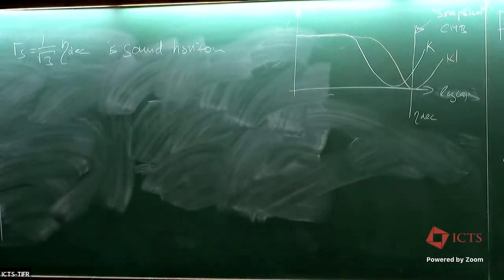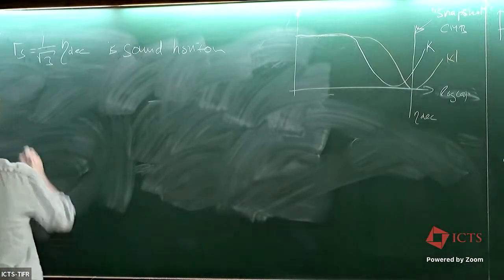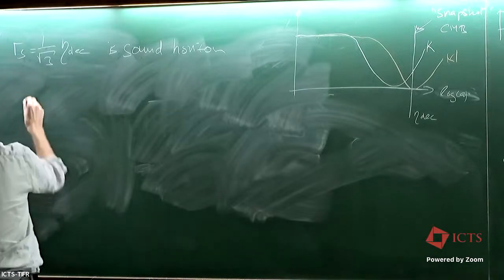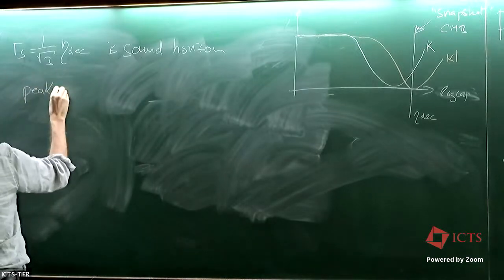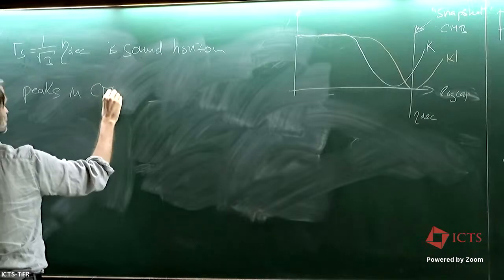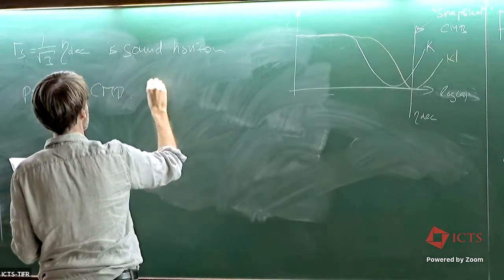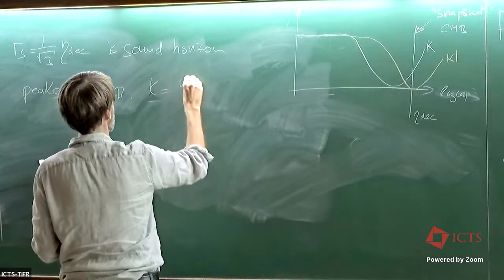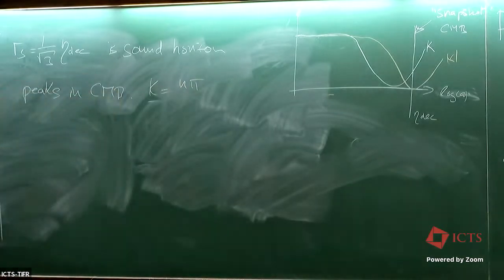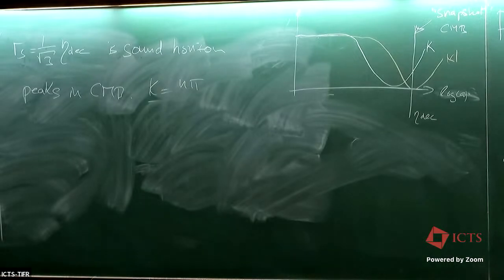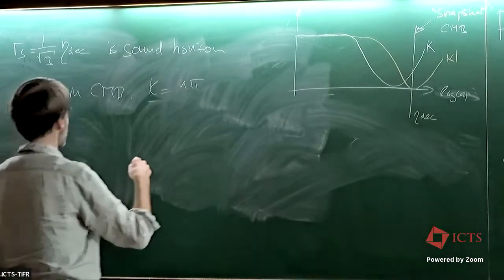Okay, but this is just the overall physical picture that gives you the sound horizon, and so the peaks in the CMB will correspond to the points where the cosine is either -1 or 1.